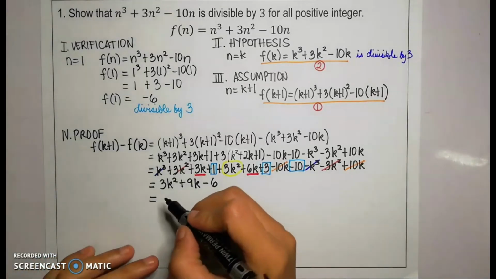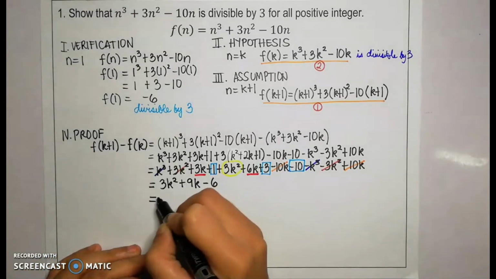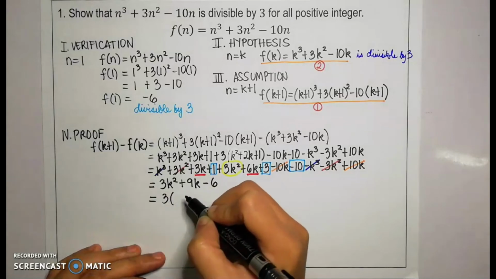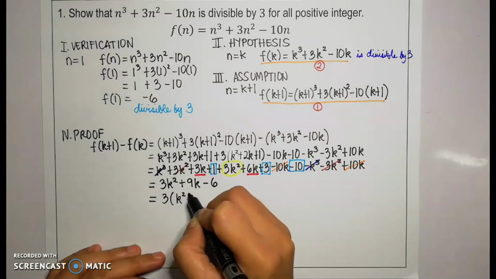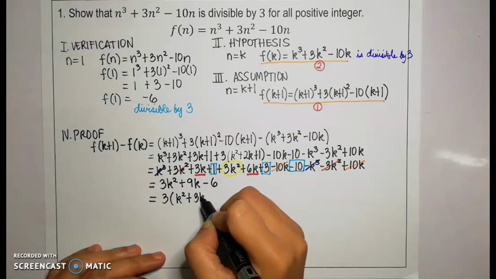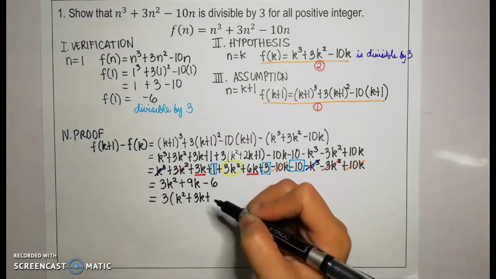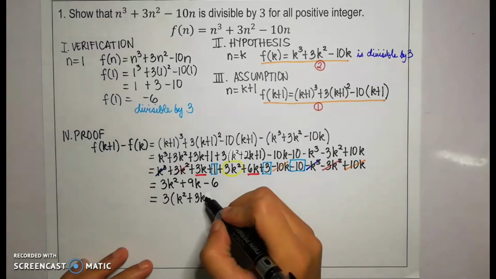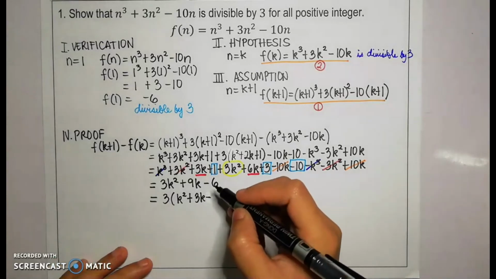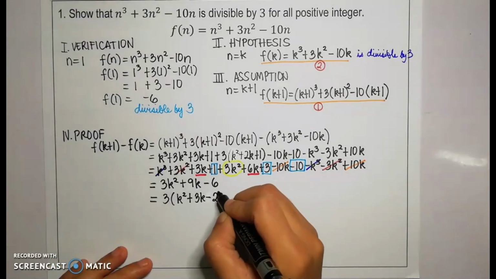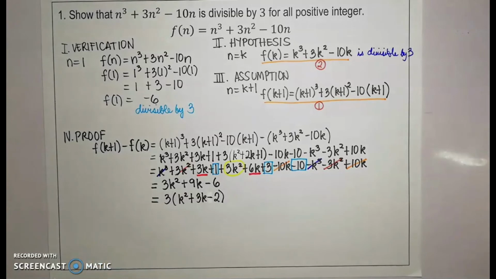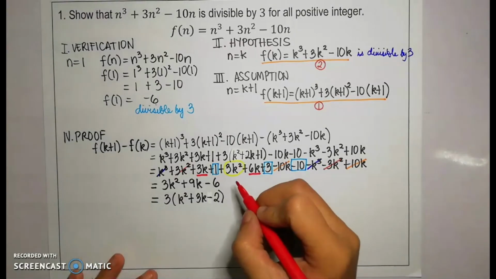As you can see, we can factor out the common factor, which is 3. And we have k squared plus 3k minus 2. As we observe, the first factor is divisible by 3.